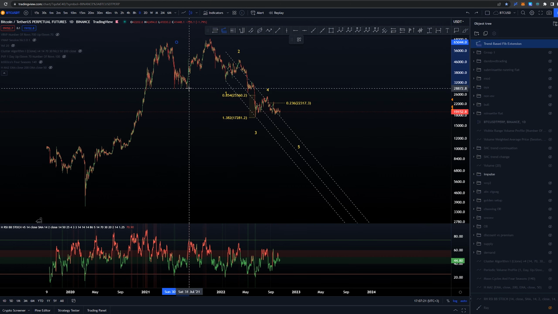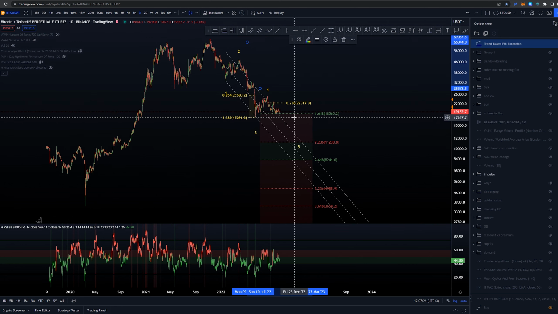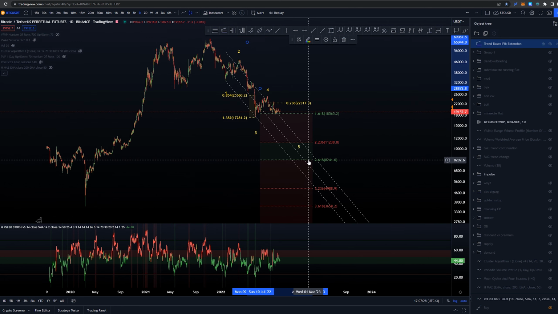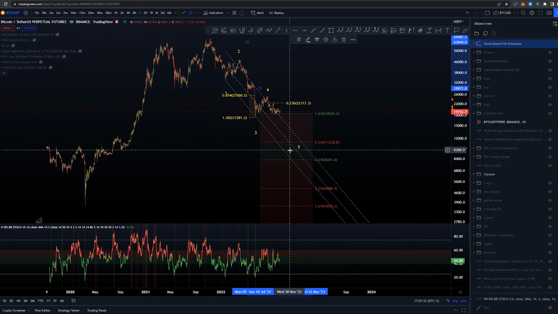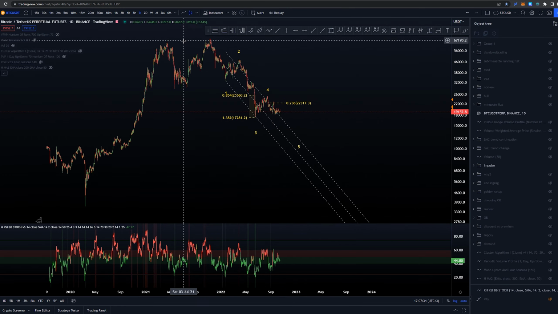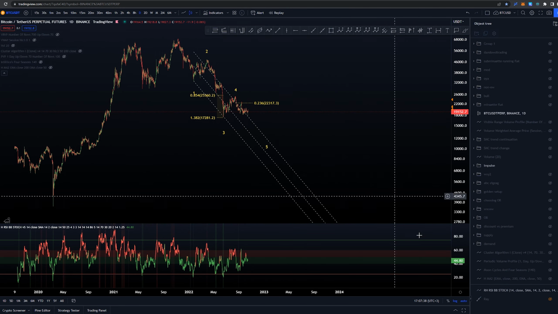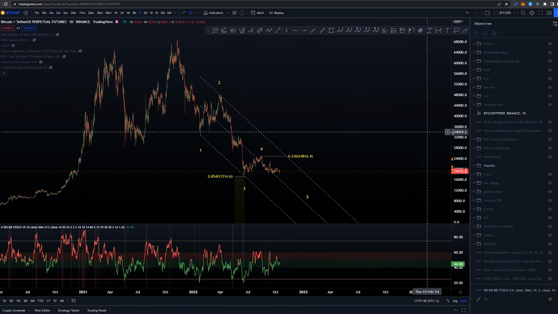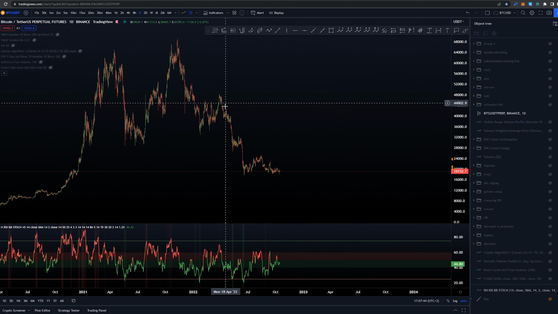However, those extensions here are getting quite large. We are right around the 1.618 here. Of course, the 2.618 is the max. We don't want to see that, but that is still a possibility. But yeah, it is very bearish if we want to be placing that 5-wave structure in here. But yeah, those are the higher time frame structures that I'm looking at on Bitcoin.